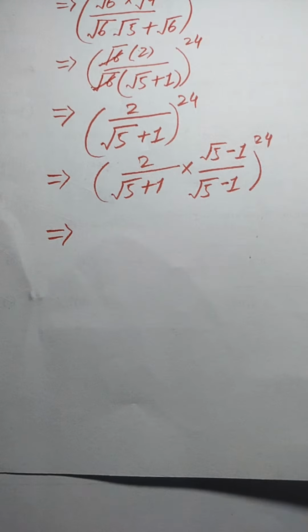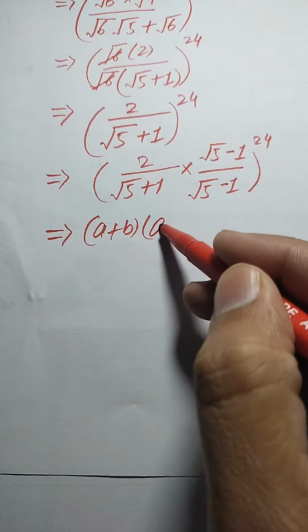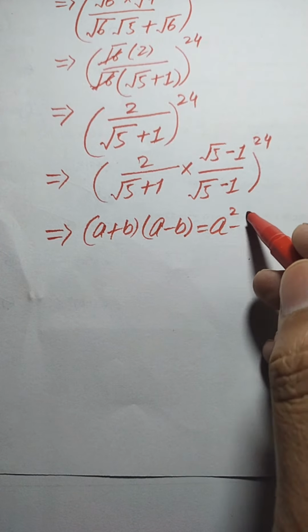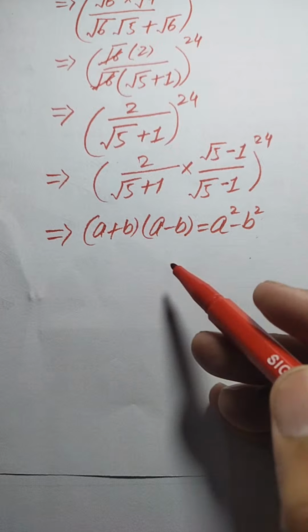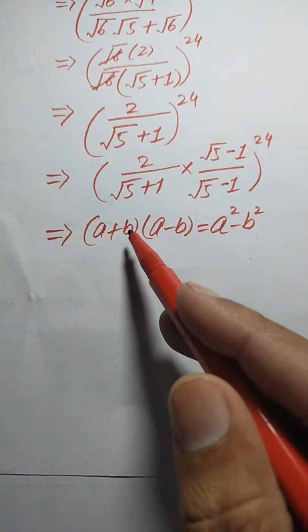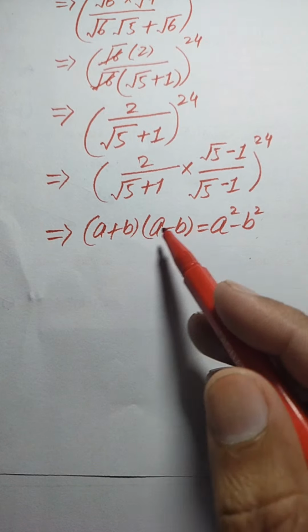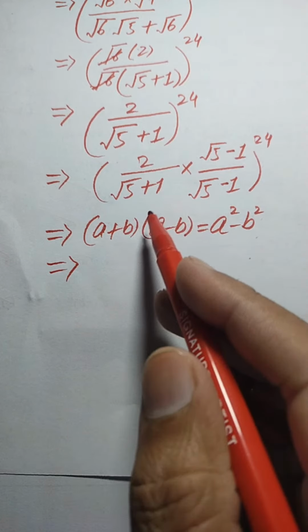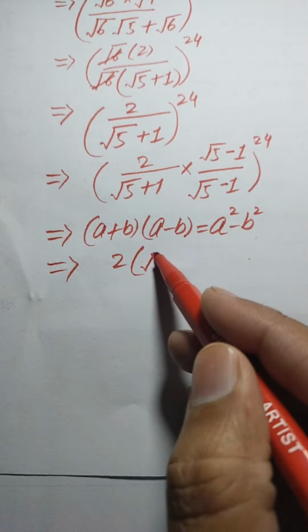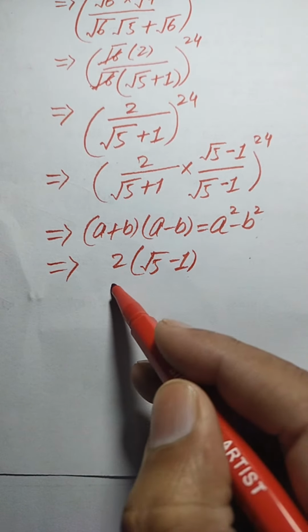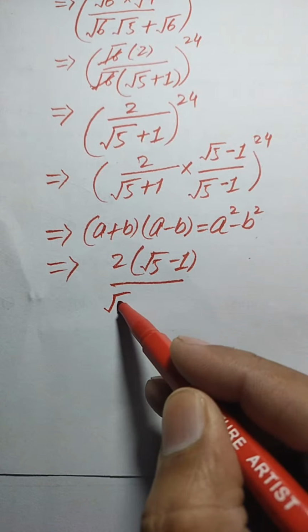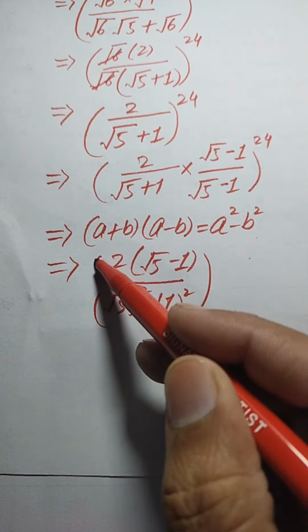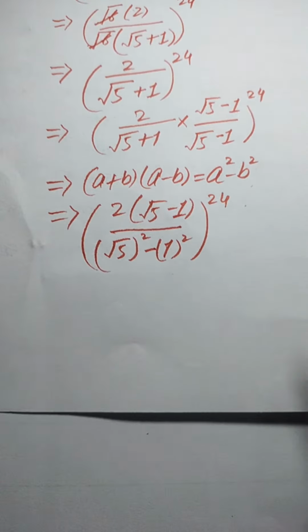You know that if we have a plus b into a minus b, it is equal to a squared minus b squared. We use this formula on the denominator terms, and it will be written as 2 times the square root of 5 minus 1, divided by the square root of 5 whole squared minus 1 whole squared, and its whole exponent is 24.